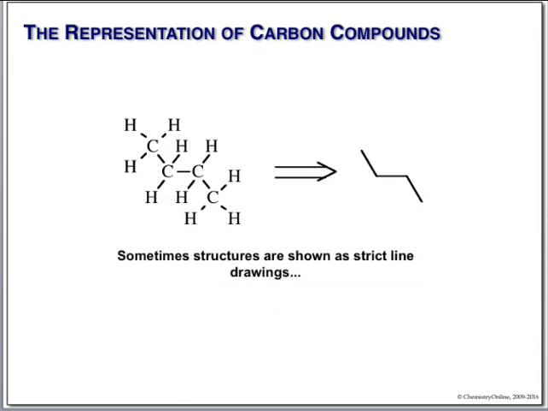So, this is a strict line drawing, 4-carbon chain, and again we do it as a zigzag. Why? Because remember, that's what it really looks like, doesn't it? They're all 109 degrees, so it goes up and down, up and down. We have a CH3 on both ends and 2 CH2s.